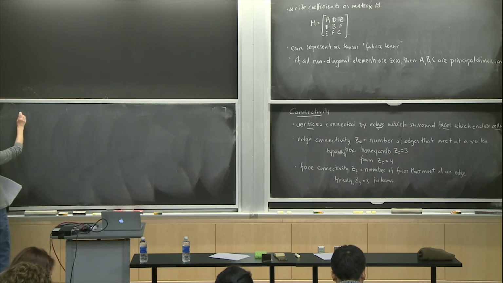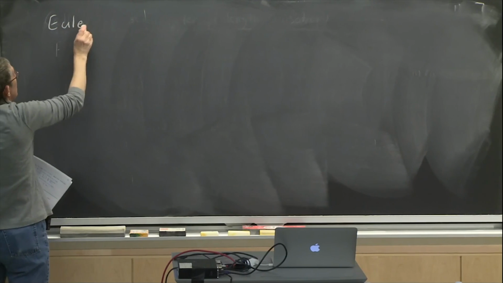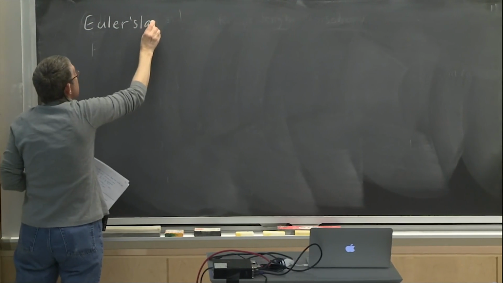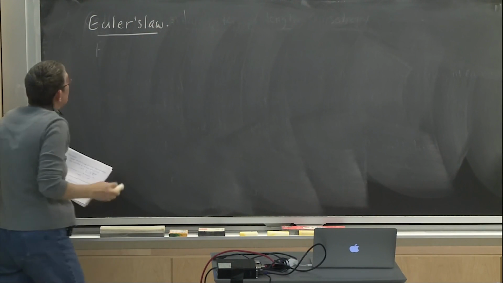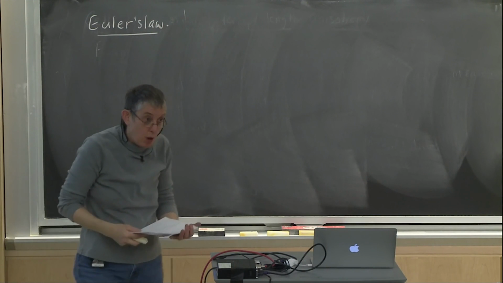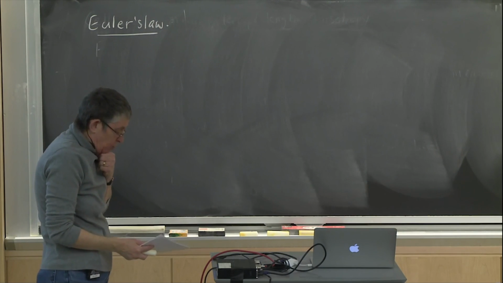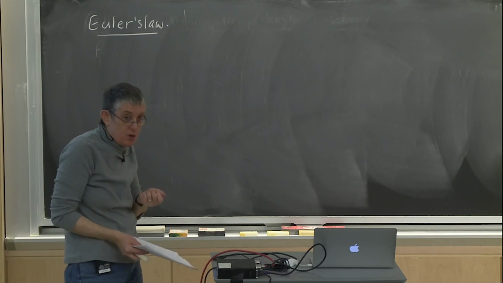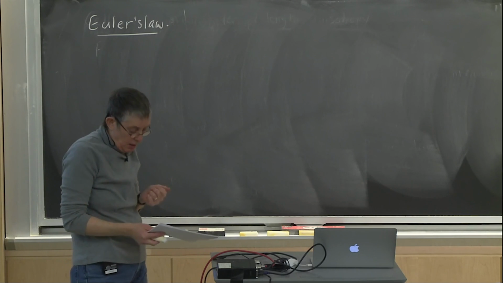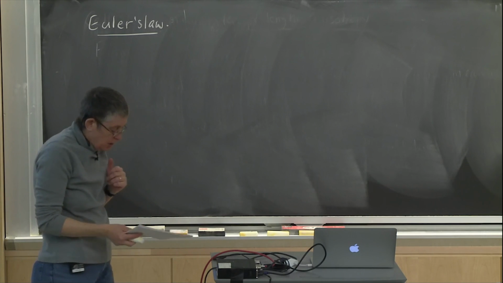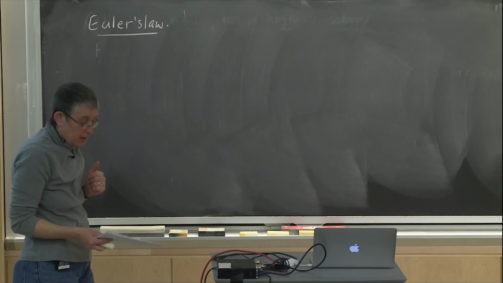And the next thing are some of these topological laws. The first one I'm going to talk about is called Euler's Law. Just remember Euler from buckling, same guy. Euler's Law relates the number of vertices, faces, cells and edges for a large array of cells.